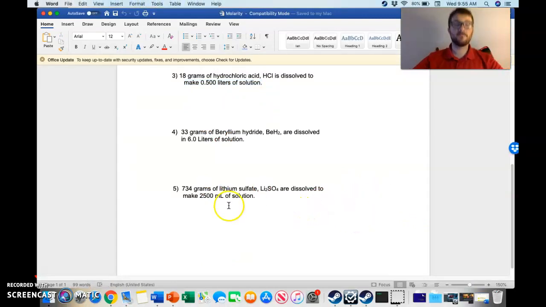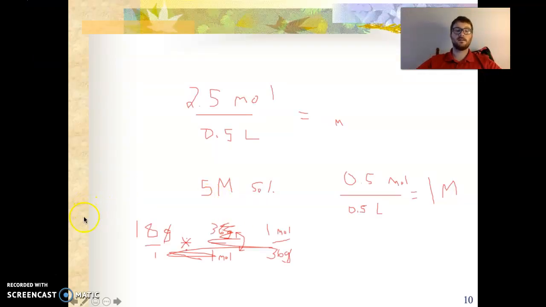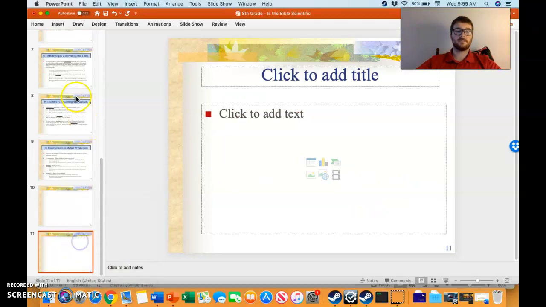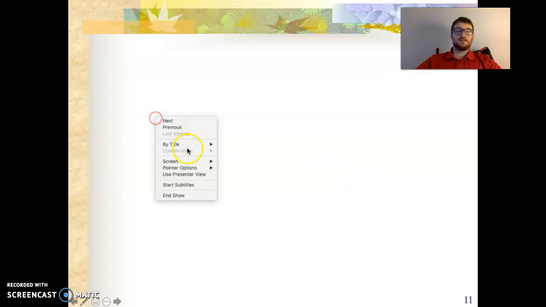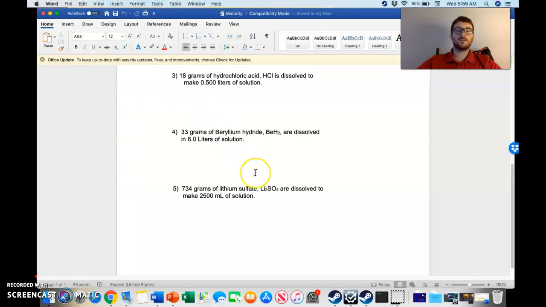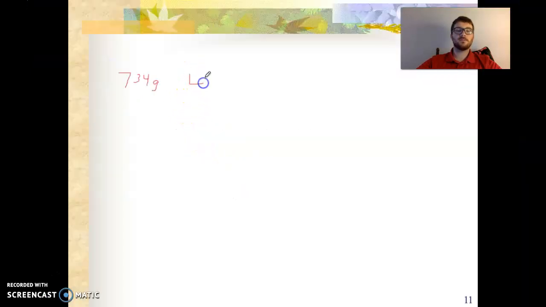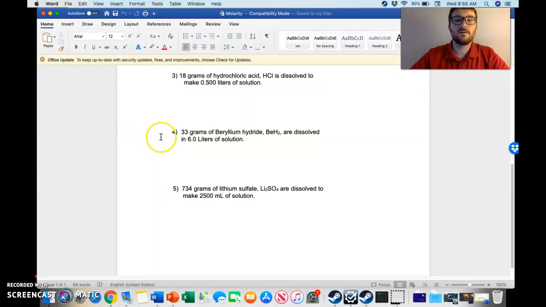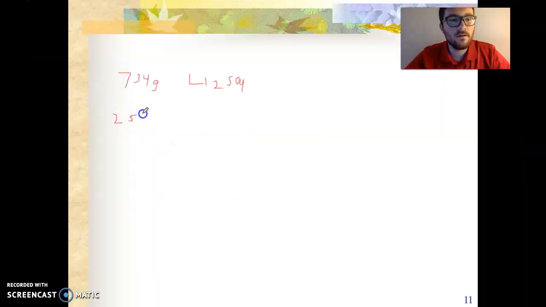And number 5, this will be our last one. Let me grab a new slide here. We have 734 grams of Li2SO4 and we have 2,500 milliliters.